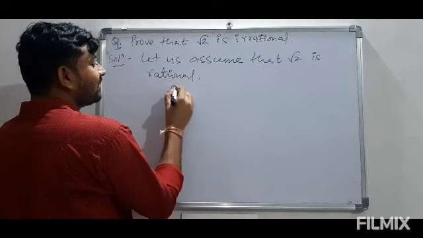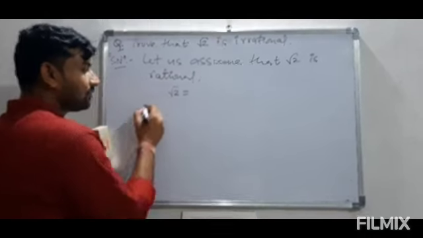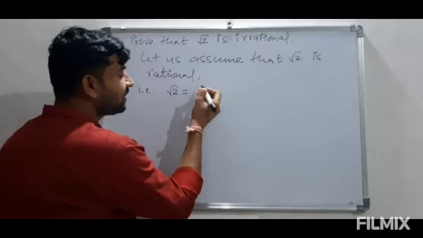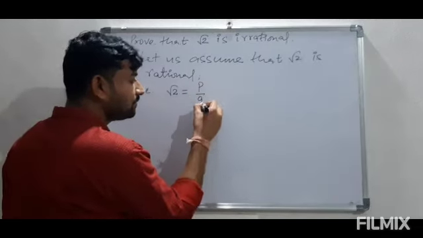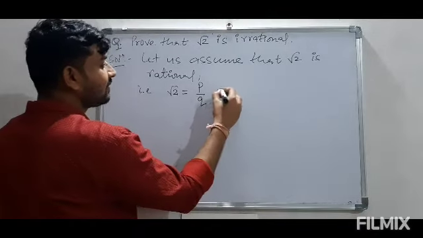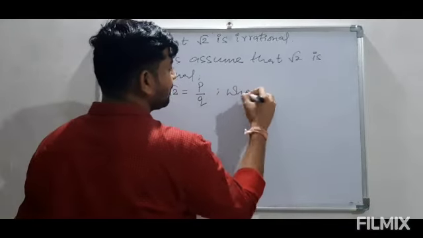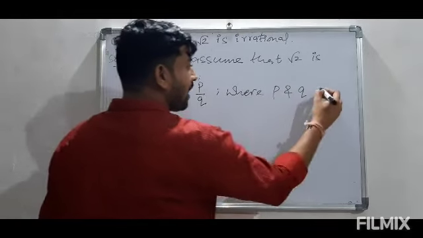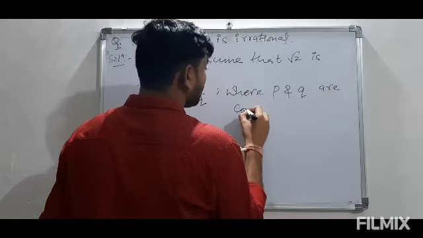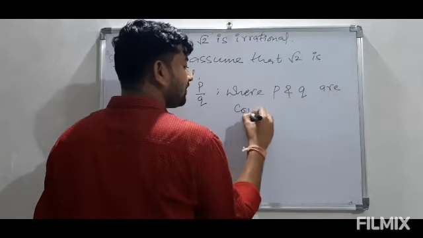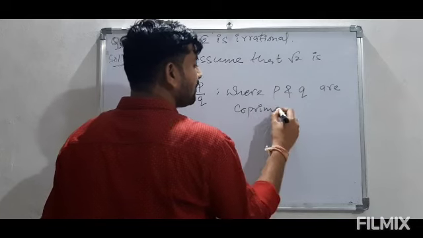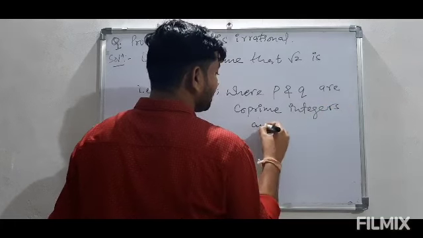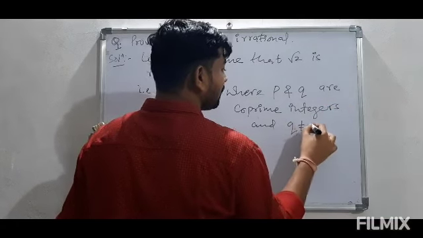So we can write root 2 equals p by q, since if it is rational, it can be represented in the form p by q, where p and q, meaning numerator and denominator, are co-prime integers, and the denominator q is not equal to 0.